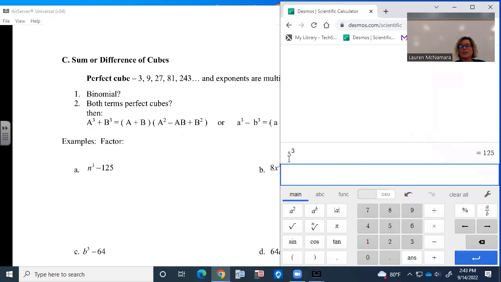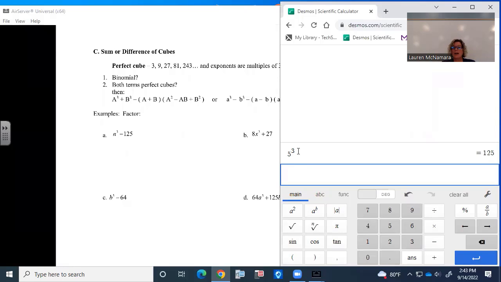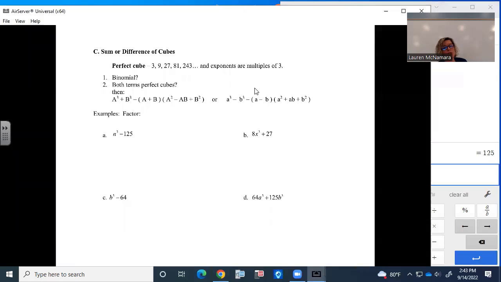So you can try your numbers if you're not sure if it's a perfect cube or not. But I do have them listed right here for you. And exponents this time are multiples of 3. Before, when they were perfect squares, there were even exponents, multiples of 2.